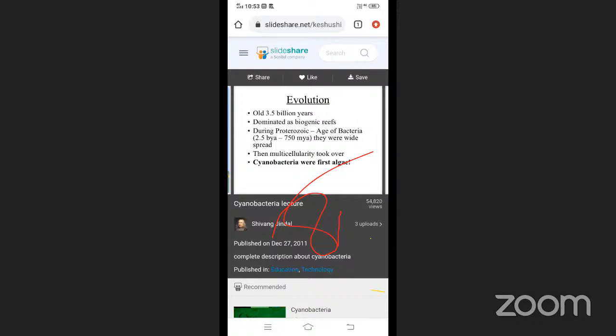Okay. So here atmospheric free nitrogen can be fixed as ammonia and nitrate with the help of these BGA, blue green algae. For example, Nostoc. Nostoc is mainly a nitrogen fixing agent.